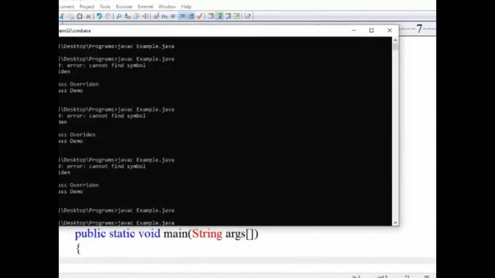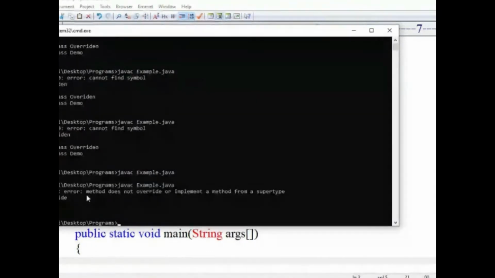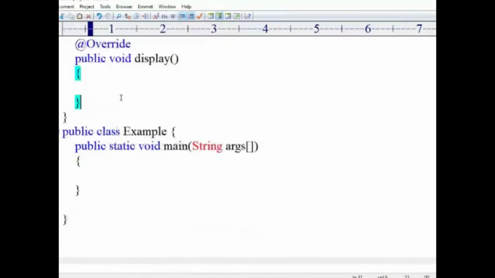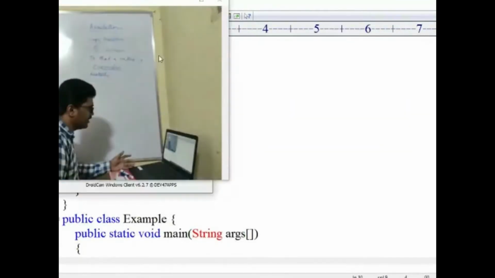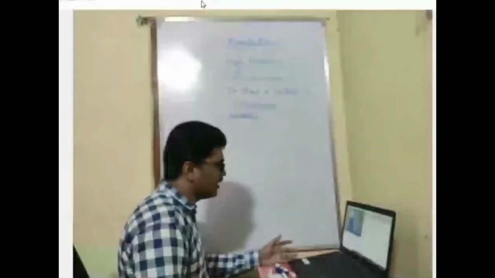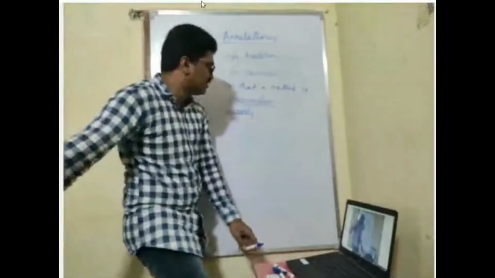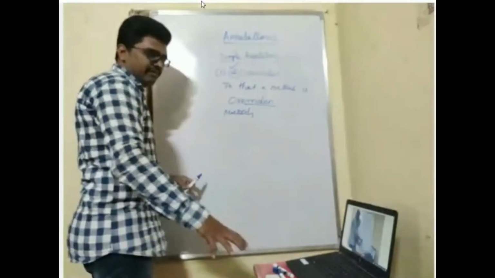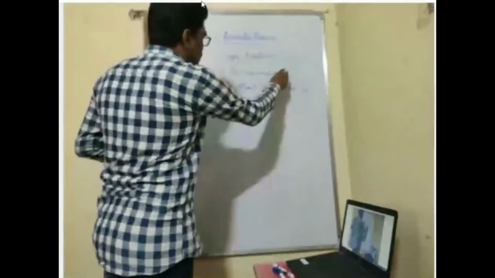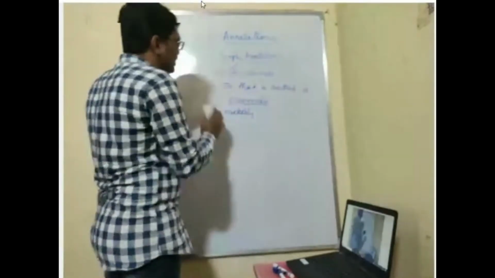It says the method does not override or implement a method from a supertype. In the super class, I don't have this method. So this is the Override annotation. It is used whenever you want to tell that your base class method is overridden in the derived class.